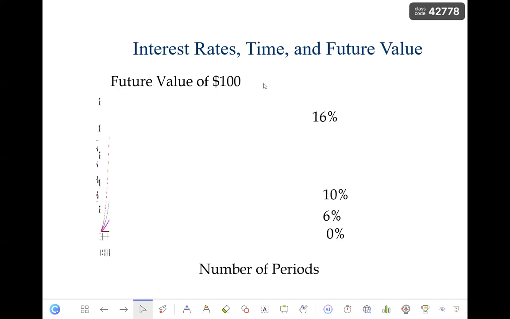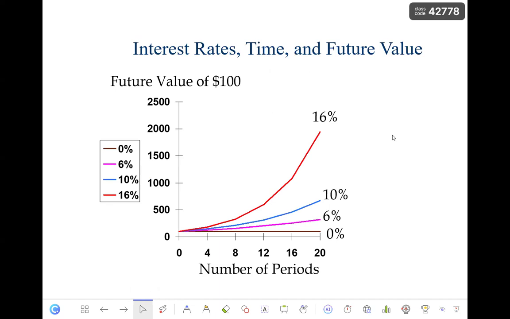So here we're looking at a graph, and this is kind of the why-who-cares. What we see here are the results, future value of $100 at different rates of interest.